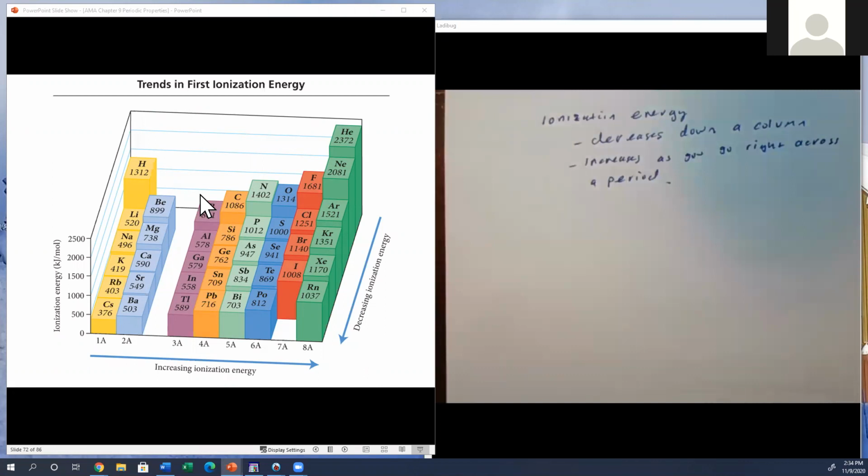The atomic radius decreases, and that happens because effective nuclear charge increases. So if effective nuclear charge increases as you go to the right, it makes sense that it's harder to pull the electron away, because you've got to pull it away from a bigger and bigger net charge as you go to the right.